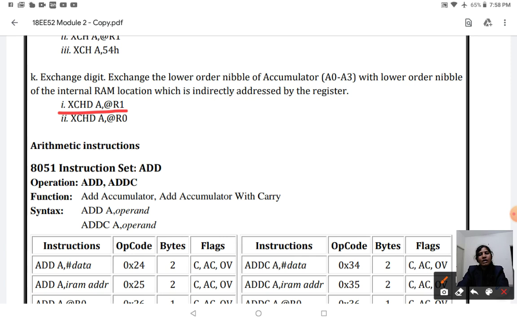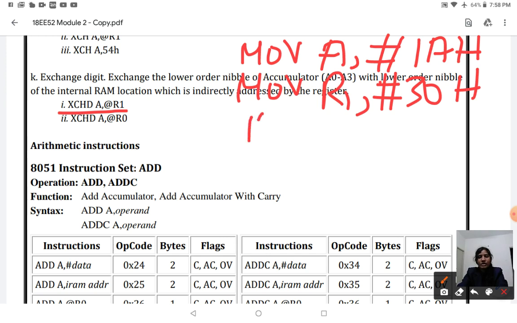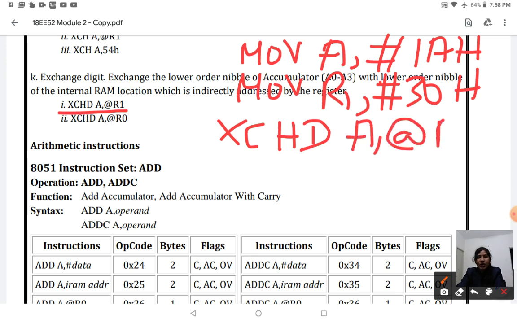Consider I am having MOV A, #1AH, MOV R1, #30H. I am going to use XCHD A, @R1.